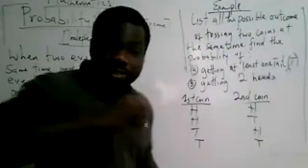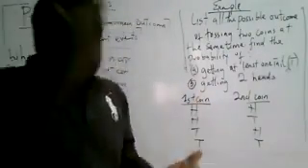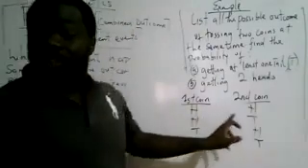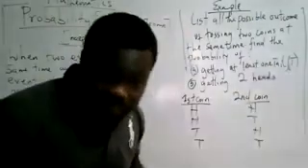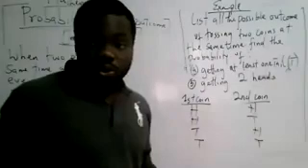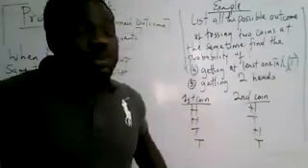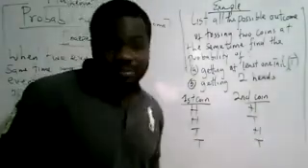It's possible that for the first coin I would have gotten head and the second coin head. It's possible I could have gotten head in the first coin and tail in the second coin. It's also possible that I got tail and head.